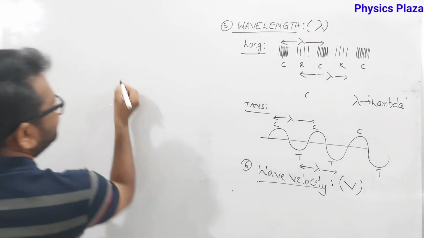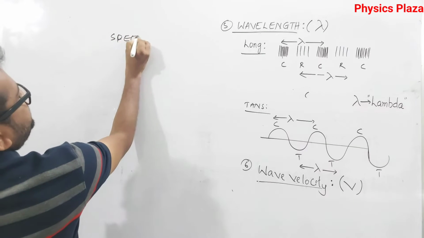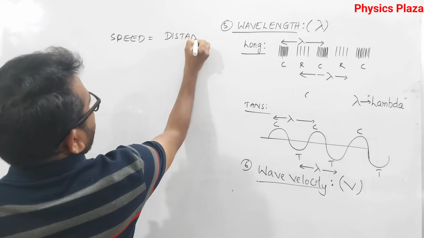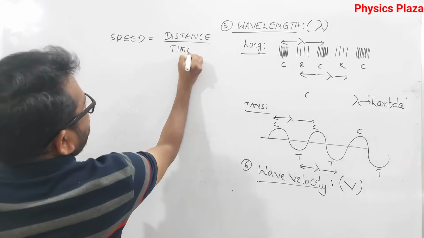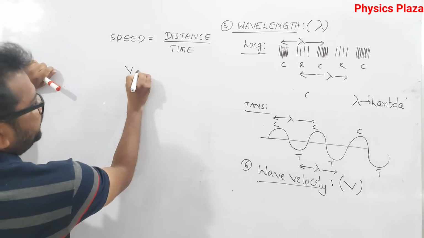We know that speed is equal to distance by time, children. So speed will be represented with the letter V.